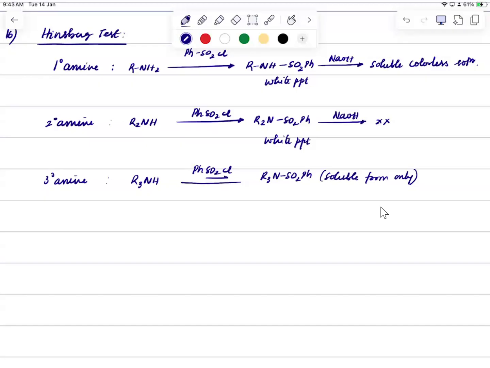Or if no reaction is not the option given, then you look out for the option where it says remains colorless, remains soluble. Clear? So if this kind of form is being given, that means it is for 3 degree amines. Clear? So I guess this part is clear, everybody. Right. Next.